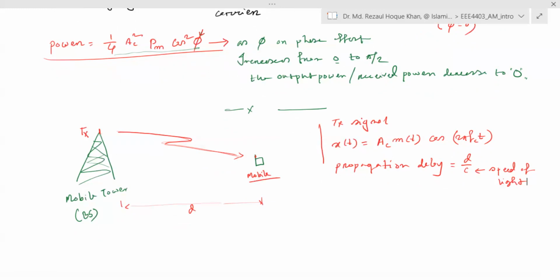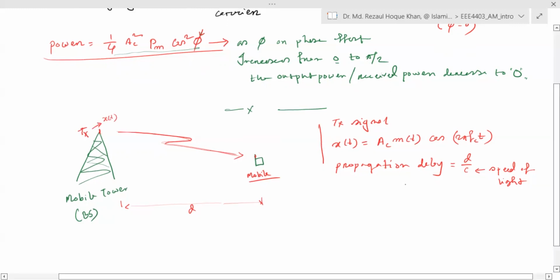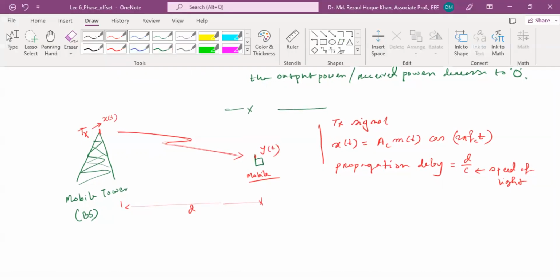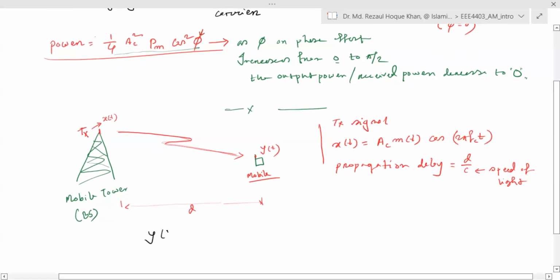So we are trying to understand a mobile environment. Because in this mobile environment there is a propagation delay, the signal which is transmitted as x(t) at the transmitter will be received here as y(t). This y(t), the received signal in the mobile, is nothing but the same x(t) signal, but a delayed version.